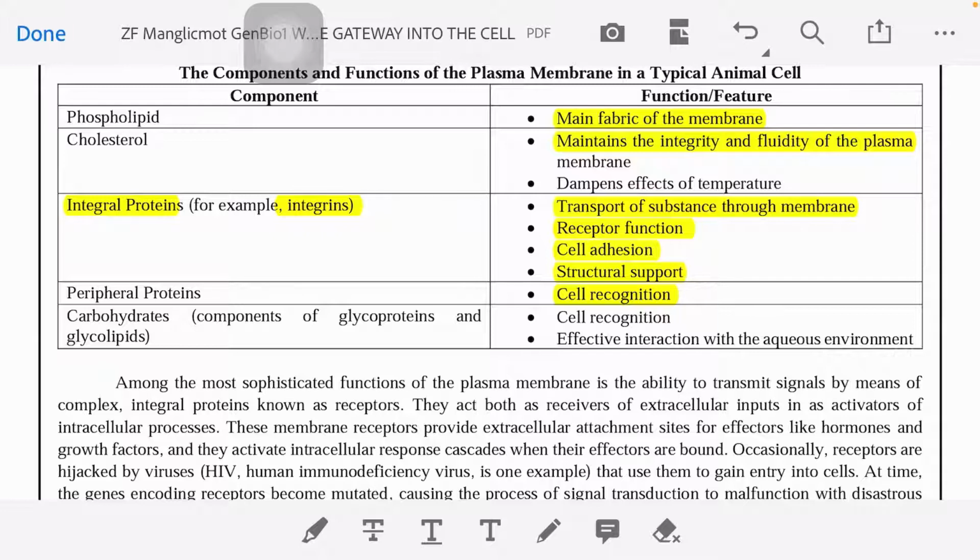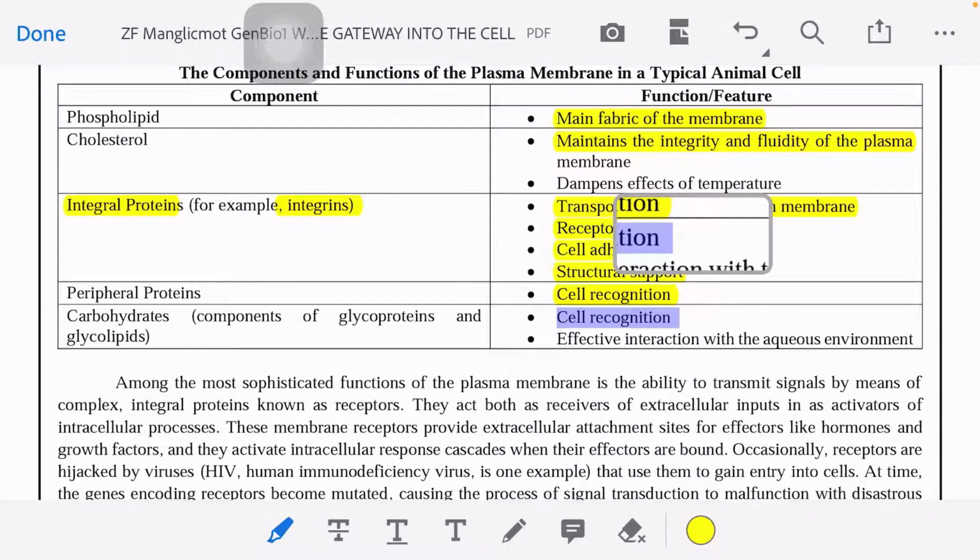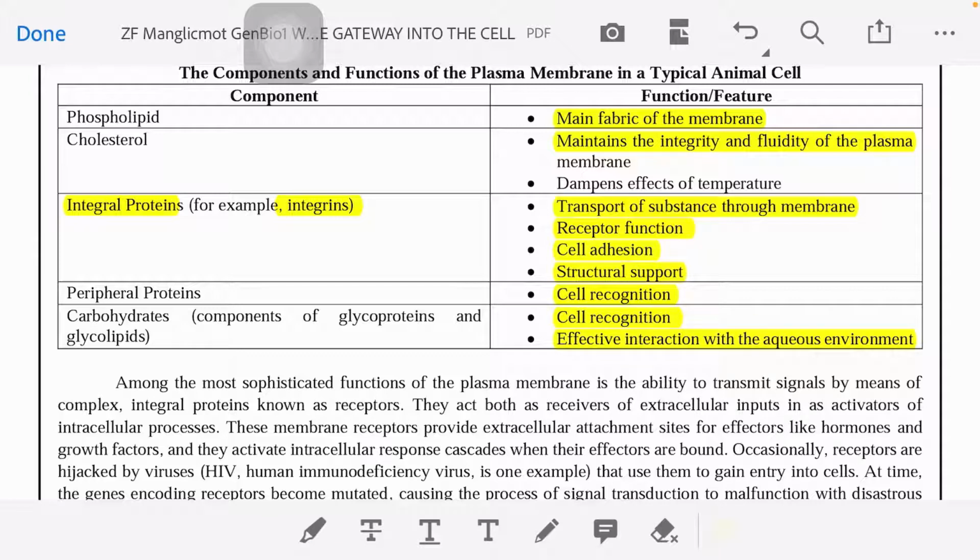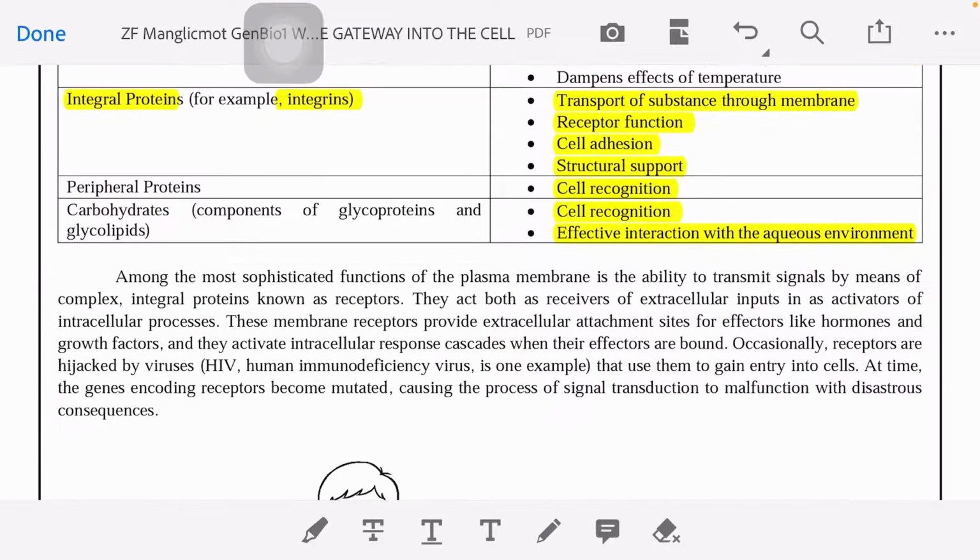Another part is the carbohydrates, so components of glycoproteins and glycolipids. So again, for cell recognition and effective interaction with the aqueous environment. Okay po. So that is for the parts and function or feature of the cell membrane.